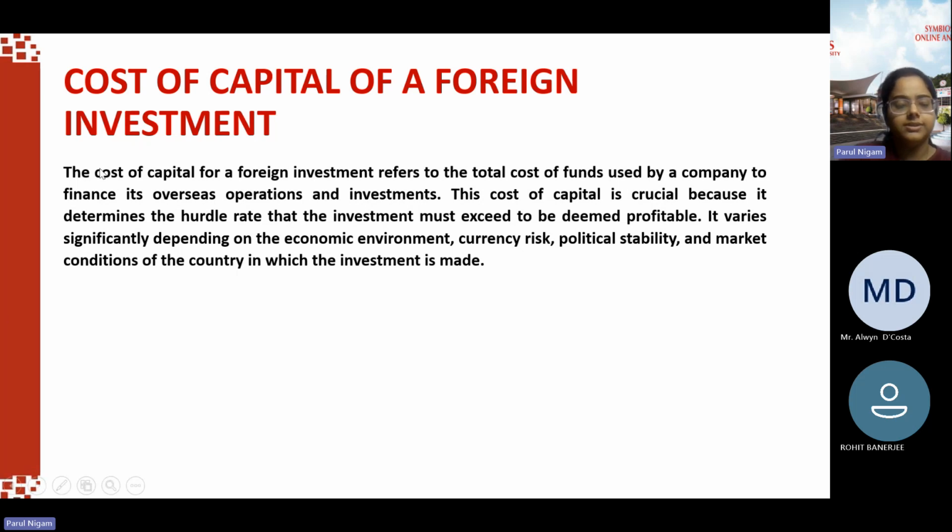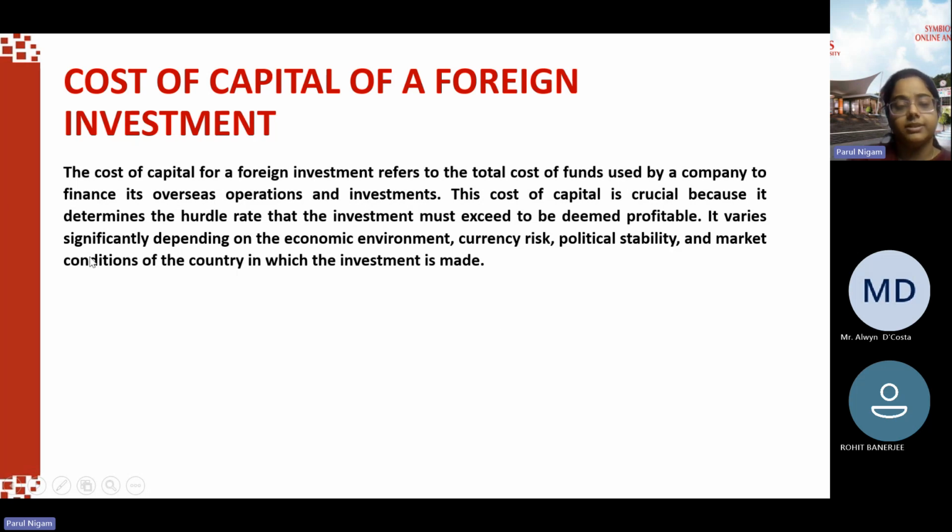As you can see in the slide, the cost of capital for a foreign investment refers to the total cost of funds used by a company to finance its overseas operations and investments. This cost of capital is crucial because it determines the hurdle rate that the investment must exceed to be deemed profitable.